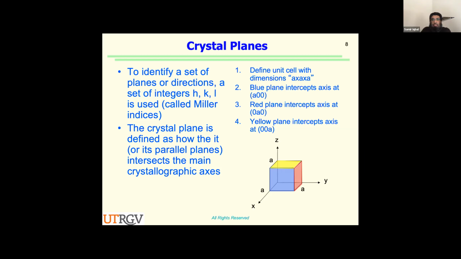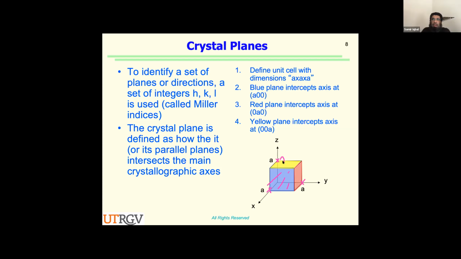Let me put some annotation so we all are talking about the same thing. So if I pick this point, what are its coordinates? A, 0, 0. If I pick this point, what are its coordinates? 0, A, 0, right? If I pick this point, what are its coordinates? And I see this point is part of this blue plane.